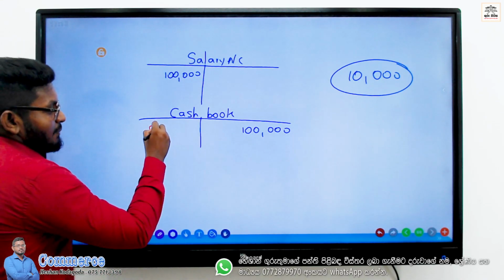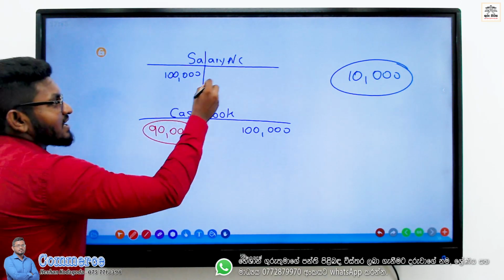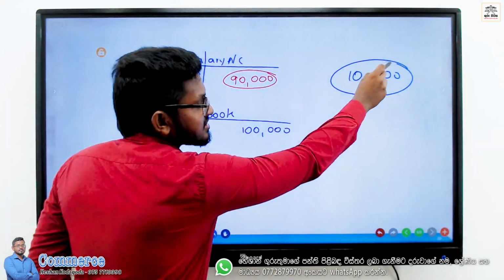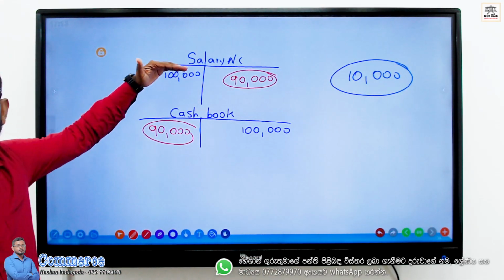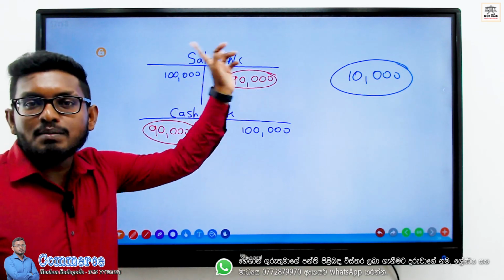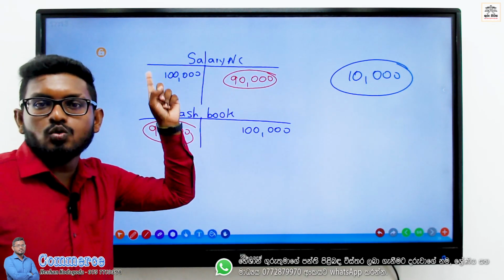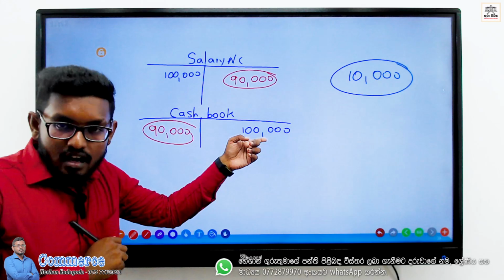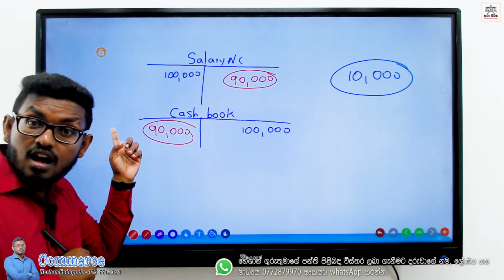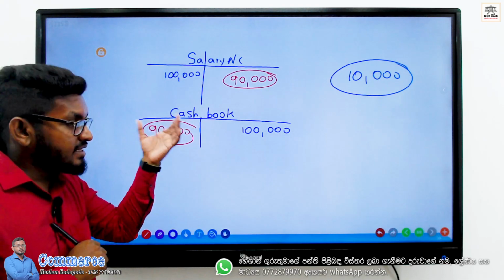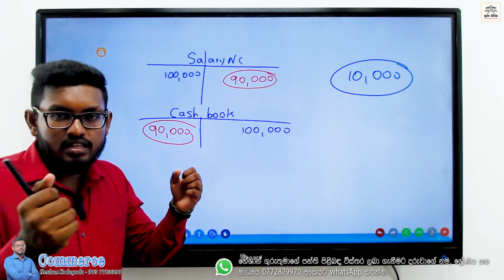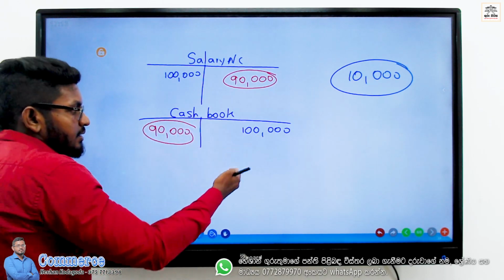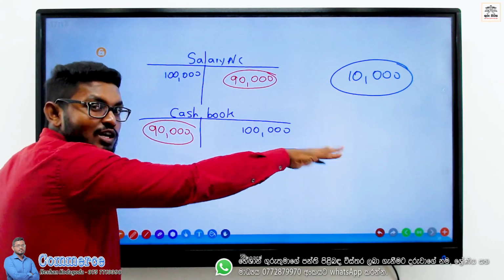Devangi can do it like this: debit 90,000 to the cash book and credit 90,000 to the sales. The actual transaction was 10,000, but she mistakenly debited 100,000. When 90,000 is credited, only 10,000 remains on the debit side, while the credit entry has 100,000. So when we debit 90,000 and balance, debit and credit cancel out and 10,000 remains.